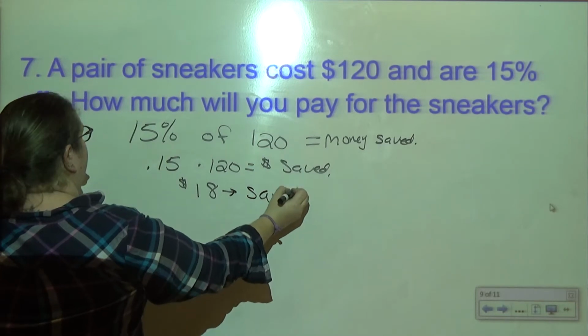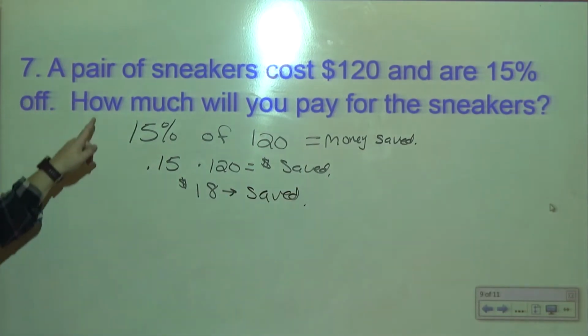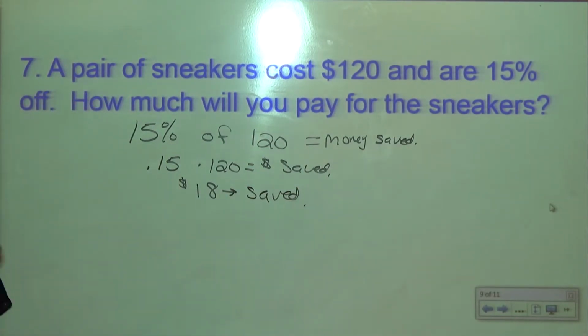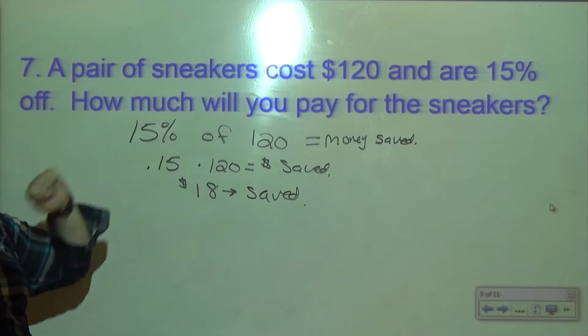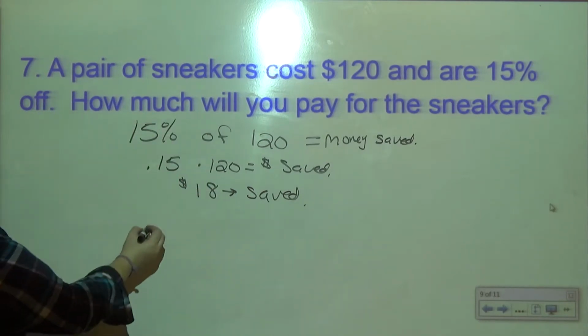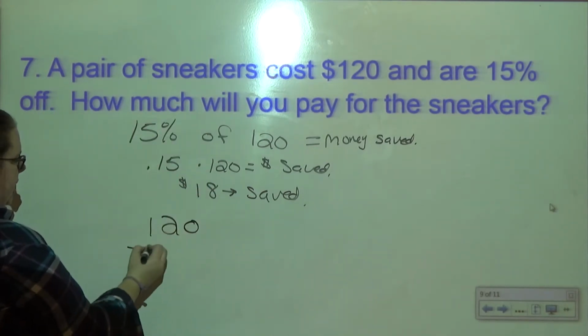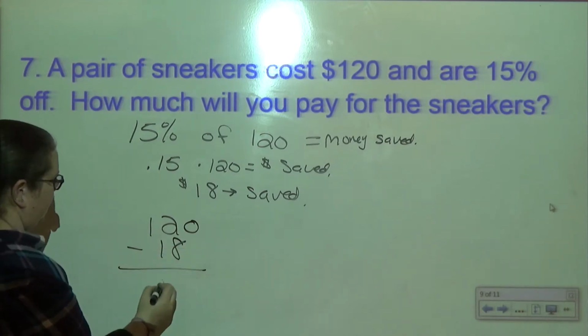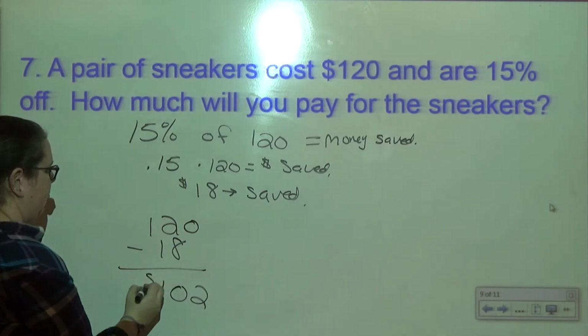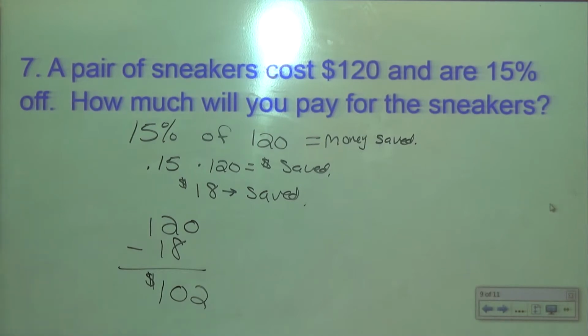Because it's not asking for how much we saved. It's saying how much you pay. We have to take that away from our original price. 120 minus 18 is 102. And that's how much money we actually spent on the sneakers. So you gotta pay attention to the percent off.